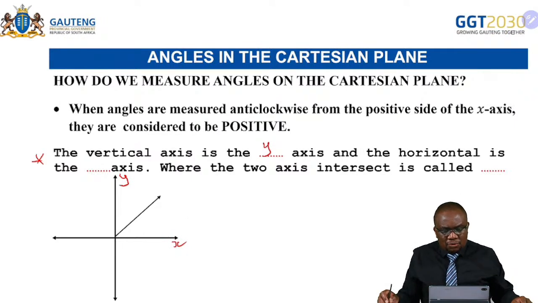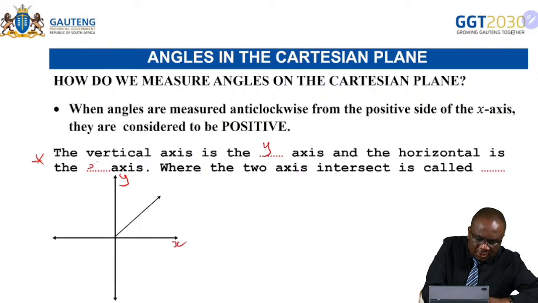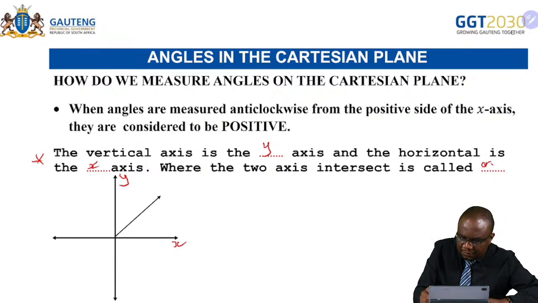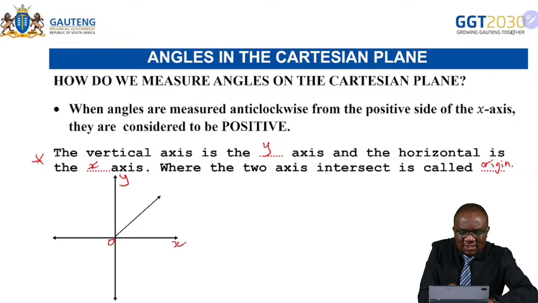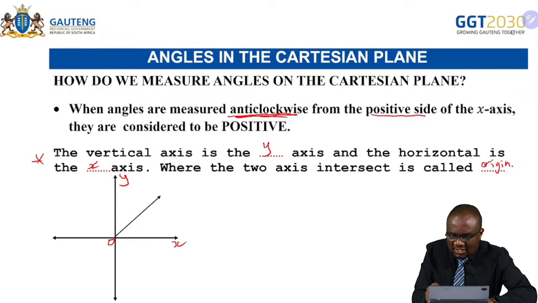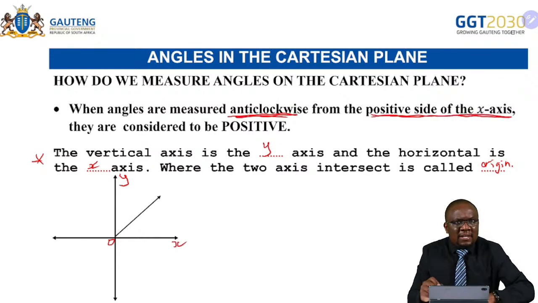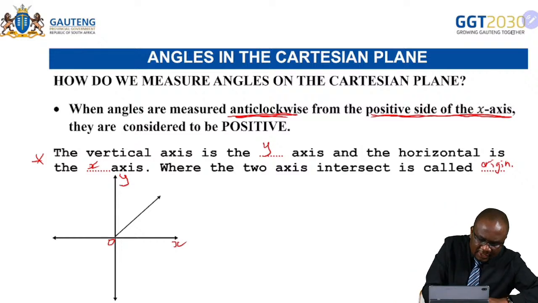Where the two axes intersect is called the origin. We usually write O there for origin. Now, I said when angles are measured anti-clockwise from the positive side of the x-axis, which means from here.